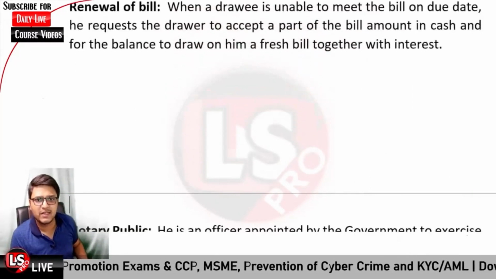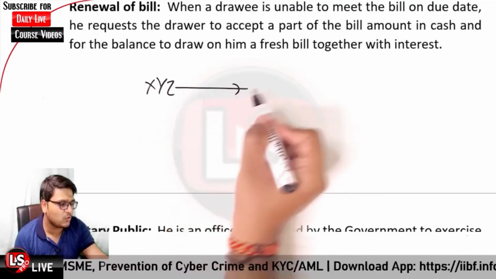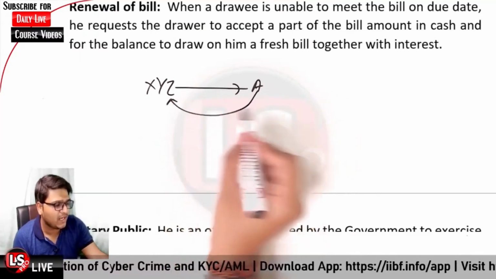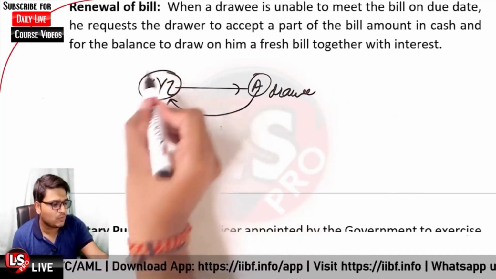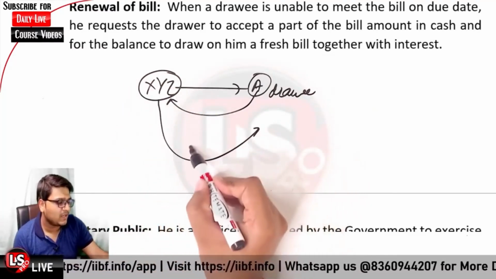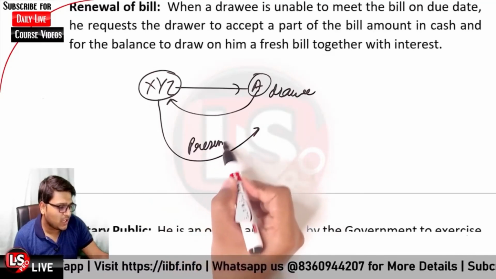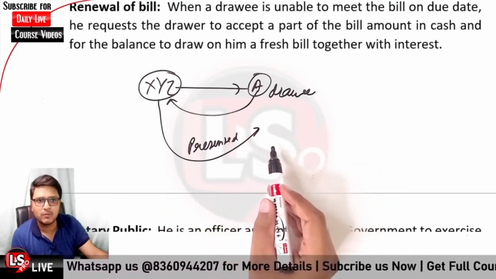Now let us understand this concept. What does this particular concept say? Let us say XYZ sold the goods to A, a bill was drawn, accepted by A, that is the drawee, and given back to XYZ. Now XYZ on the due date presented that particular bill, and A was not in a condition to pay the amount.